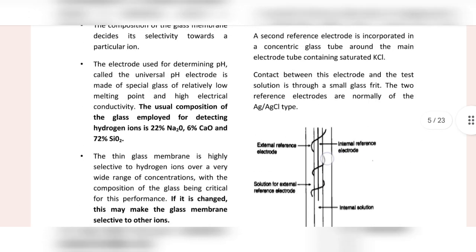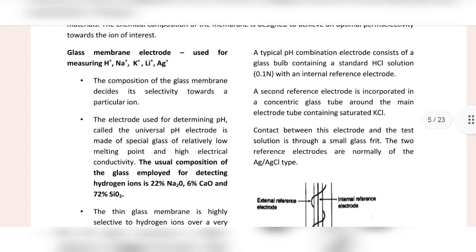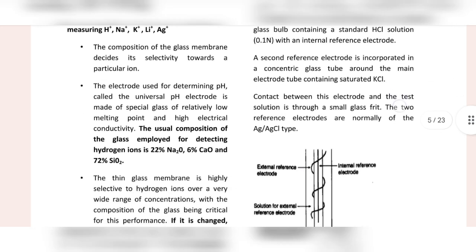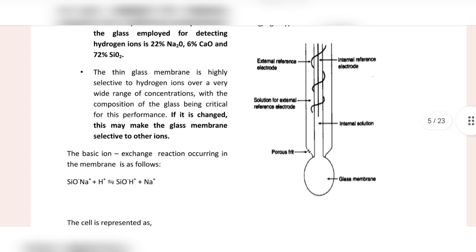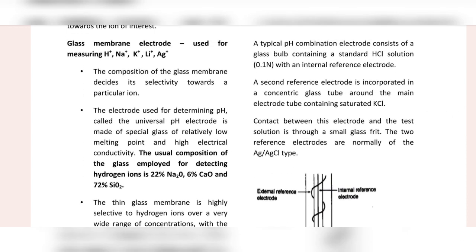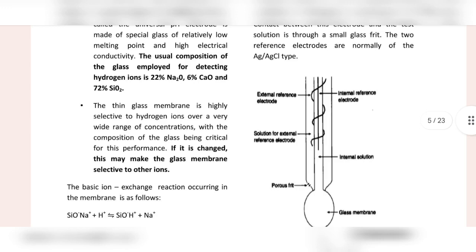Then the composition. What are the components in a typical pH electrode? The pH electrode consists of a glass bulb containing a standard HCl solution. See, this is a typical pH electrode. It consists of a glass bulb made up of glass membrane, and this glass bulb contains standard HCl solution of 0.1 normality.